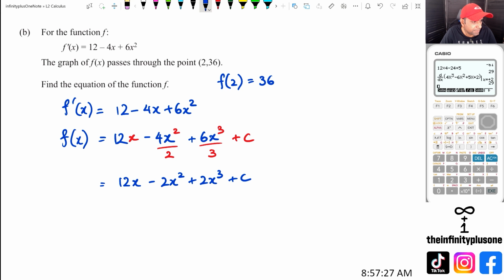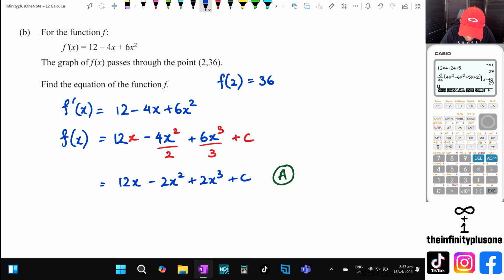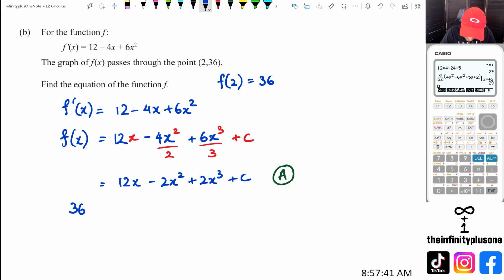Now, correct antiderivative with plus c is going to get you an achieved. So getting up to here is going to get you an achieved, but we actually want to find the function. So we've got f of 2 is equal to 36. And because of that, 36 is equal to 12 times 2 minus 2 times 2 squared plus 2 times 2 cubed plus c.